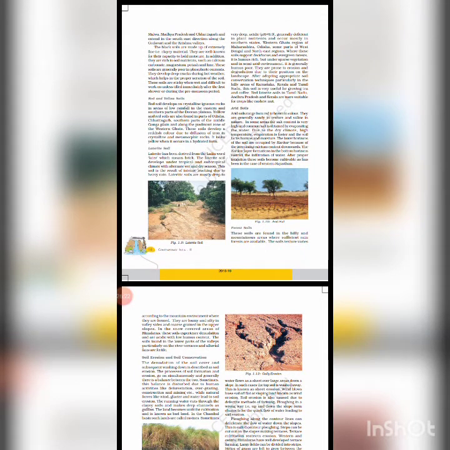This soil develops on crystalline igneous rocks in areas of low rainfall in the eastern and southern parts of the Deccan Plateau. These soils develop a reddish color due to diffusion of iron in crystalline and metamorphic rocks.